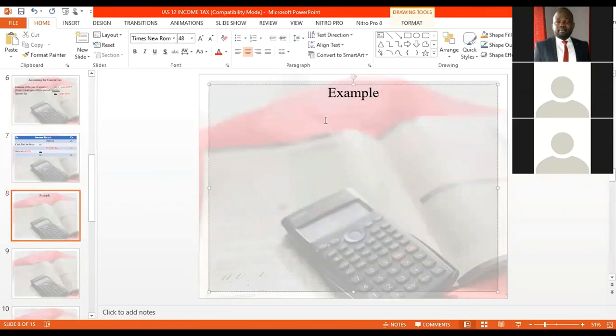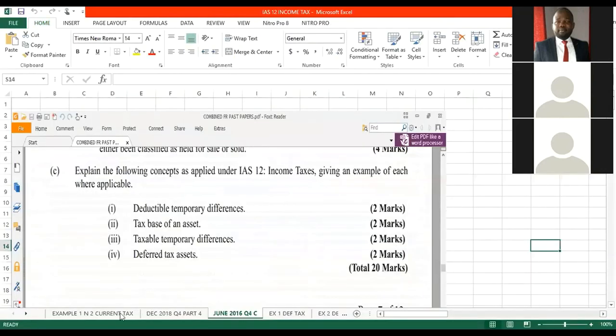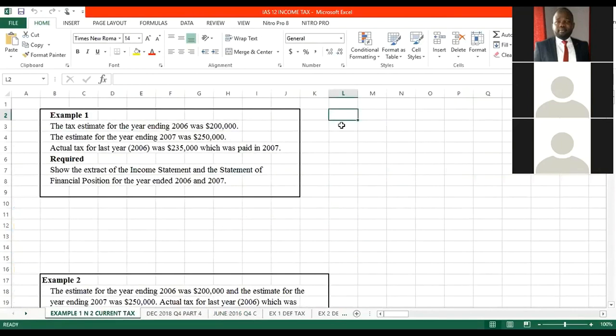So let's continue. Let's look at an example. I have three very short examples that I want us to cover. So let's quickly look through these.